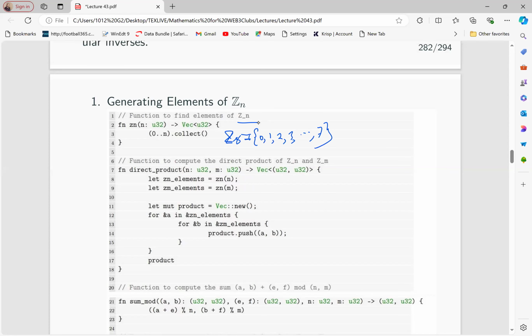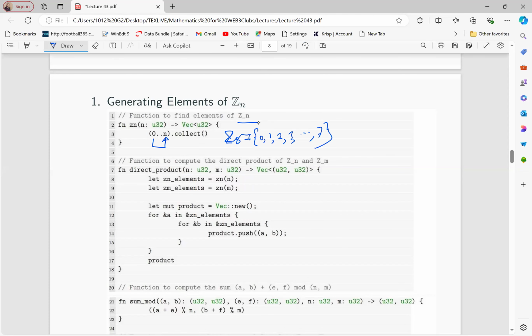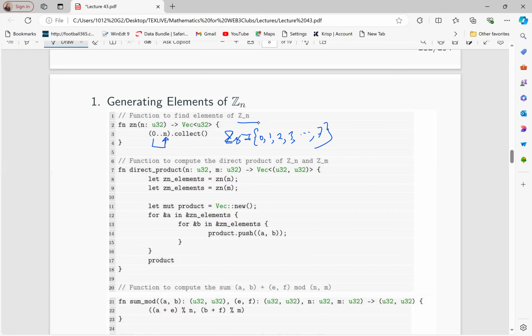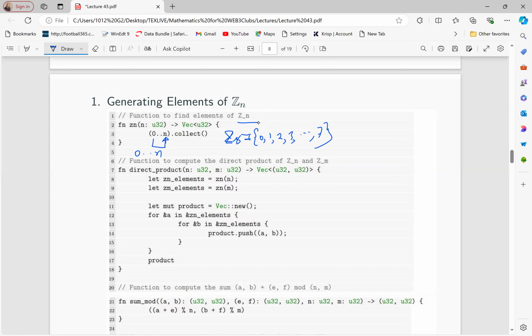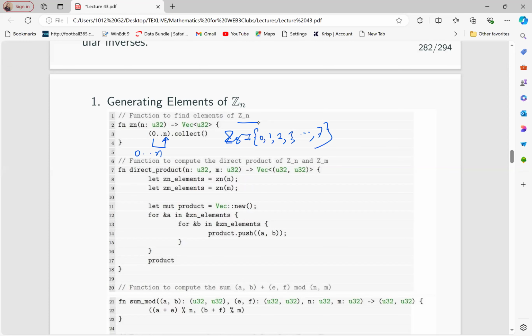And that's what it's doing. It's Z8, so it's going through elements from 0 to 8 minus 1. When Rust talks of 0 dot dot n, it means from 0 to n minus 1.